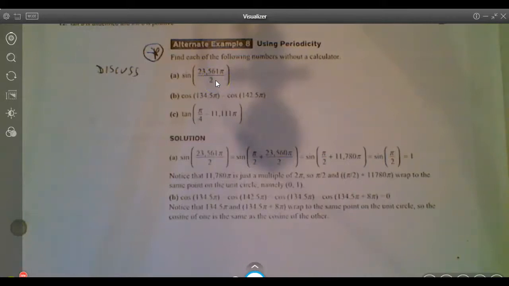This is many, many, many circles down the road. So we're going to basically subtract out multiples of 2 pi. I could subtract out 10 pi, I could subtract out 20 pi, whatever is needed in order to get me back to a value that's between 0 and 2 pi, right? We want it within one lap around the circle, not 20-some thousand laps, right?